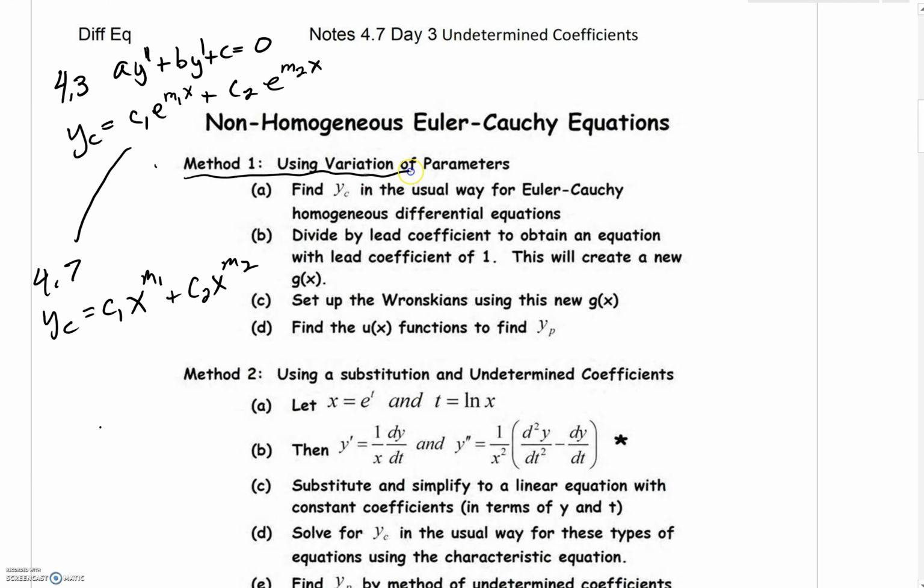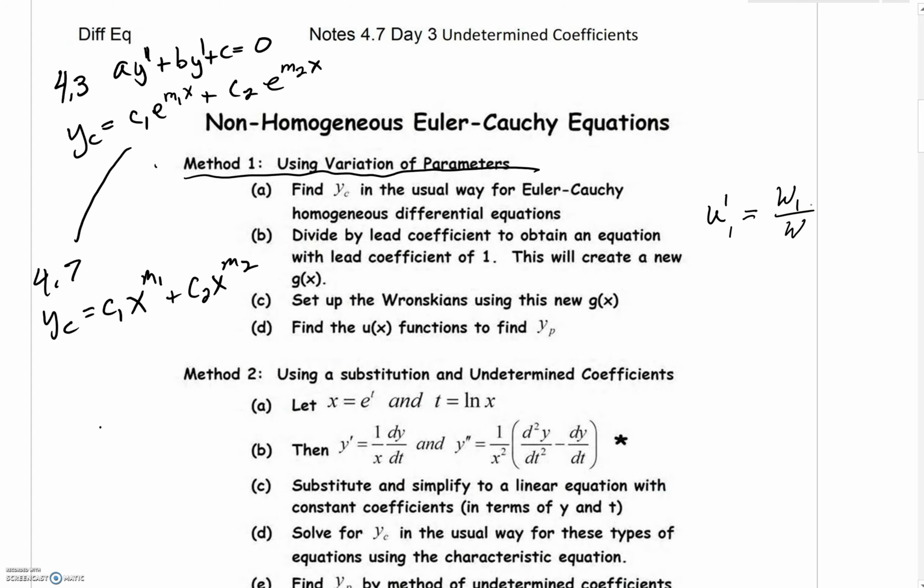One method that you may use is variation of parameters. That's using the Wronskian. You can find your characteristic solution, y sub c, in much the same way we've been doing all of chapter 4. And then divide by lead coefficients to make sure you have a 1 there, and then you can set up, as we had seen before, like a u1 prime would be w sub 1 over w.